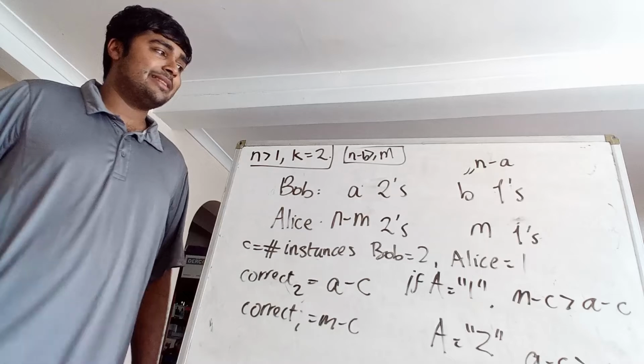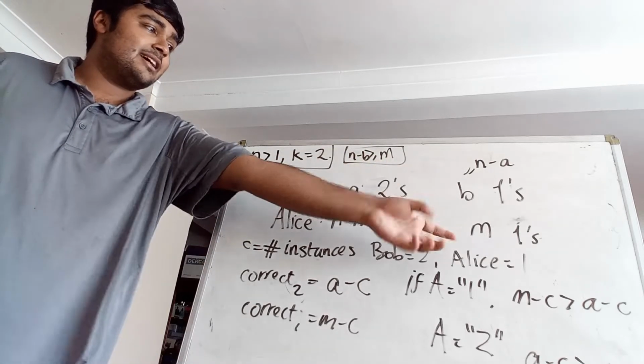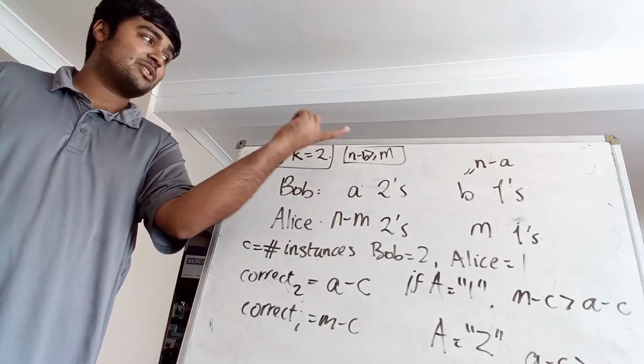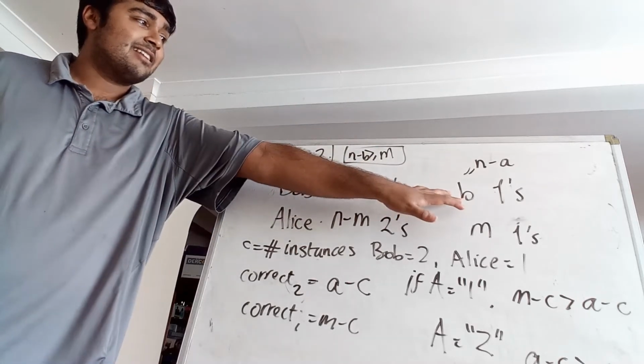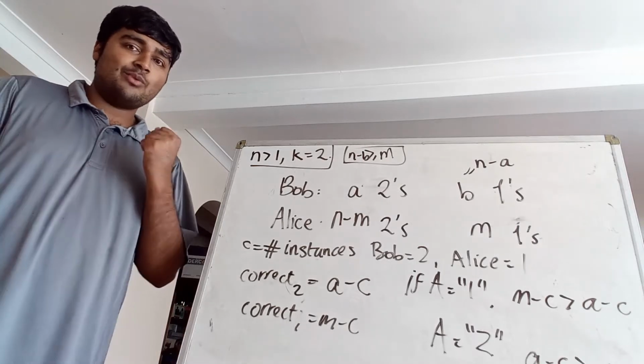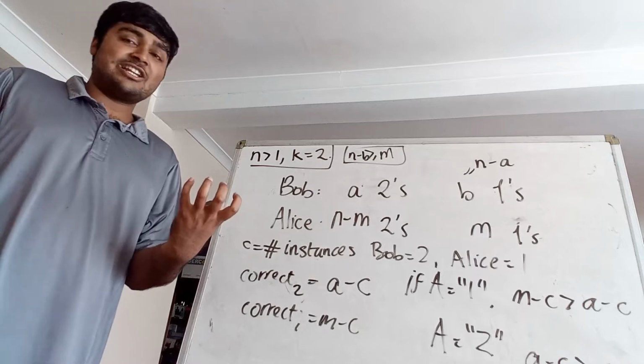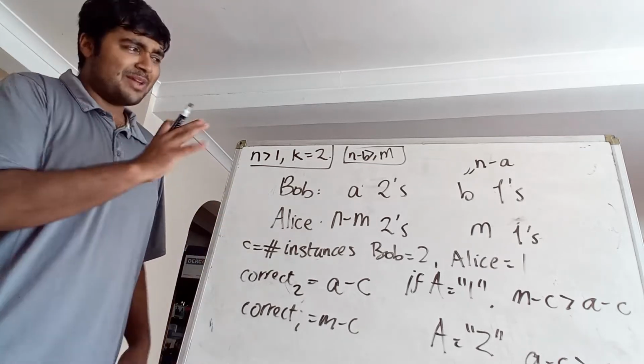So we can have a play with this, and all we're going to do is look at the number of 1s that Bob has guessed, and this inequality is only going to tell us whether the number of 1s that Bob has guessed is less than what Alice actually has, or if it's more than.